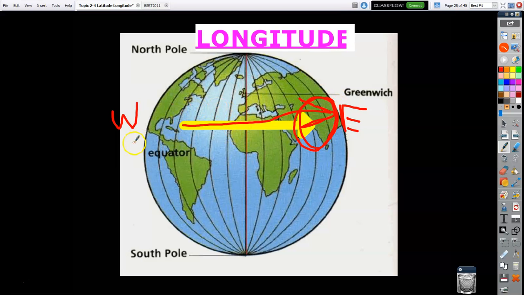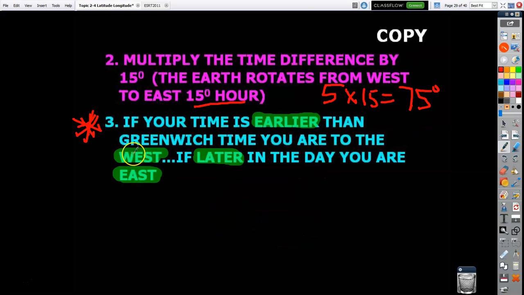If you're earlier in the day than England, you are to the west. And that's where that third step comes in. If your time is earlier than Greenwich, you are to the west. We are earlier than England, so we are west longitude. If you are later in the day than England, you are to the east, right?